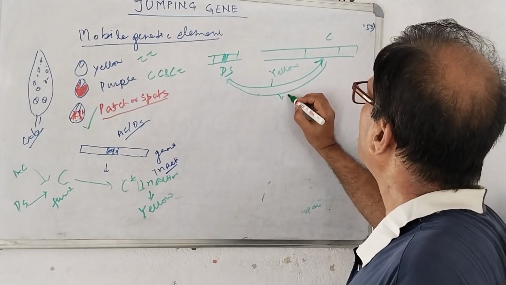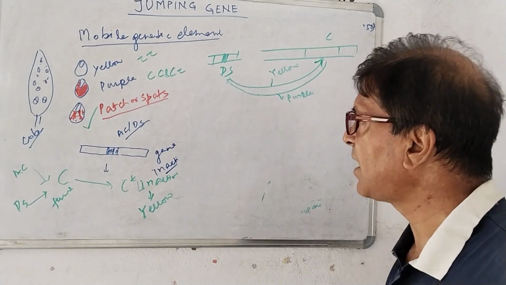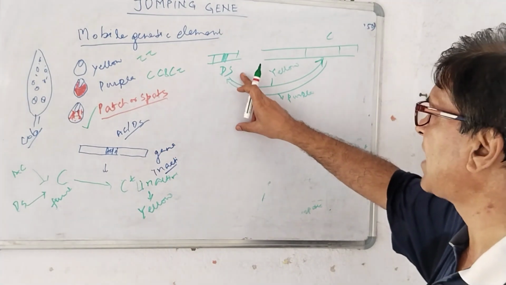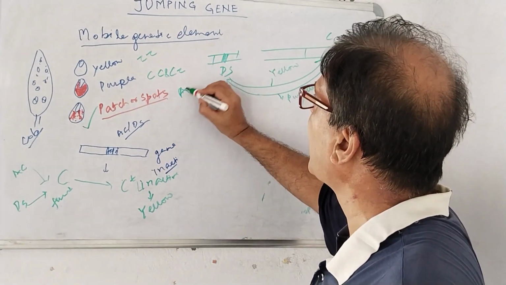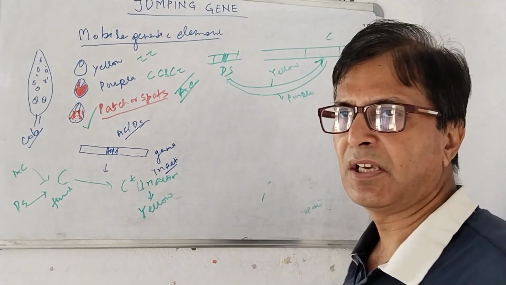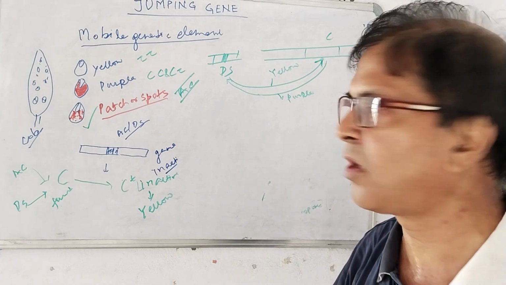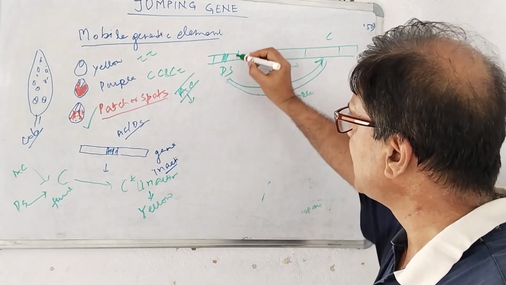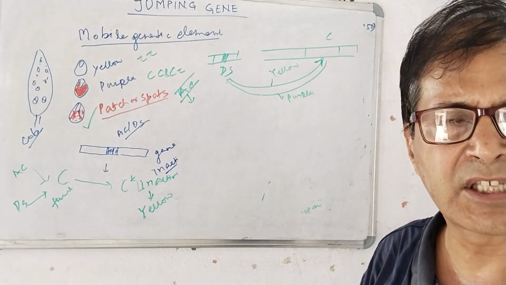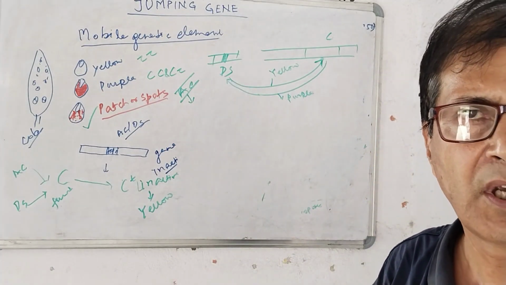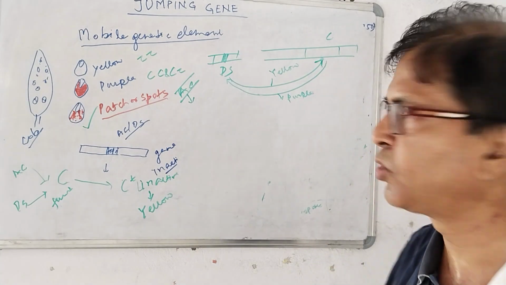When it moves out, purple color. The movement of this DS element, I have already told you, also requires the presence of AC in the same chromosome or at some other chromosome, because DS is non-autonomous. It requires the presence of AC somewhere else in the genome. It might be present on the same chromosome or on some other chromosome.